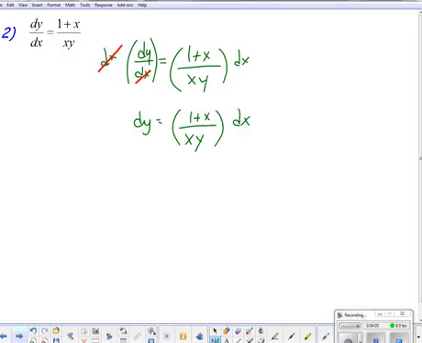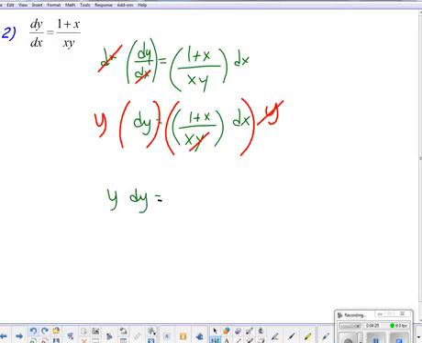When I take a look at the left side, I have nothing but y values, perfect. But when I look over here on the right side, I have an issue with my y being there, so I still want to get rid of y. So let's multiply both sides by a y and get the y over the y to cancel. And now I have y dy is equal to (1 plus x) over x dx.